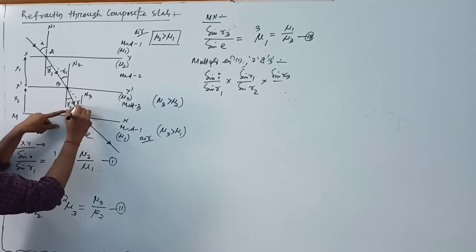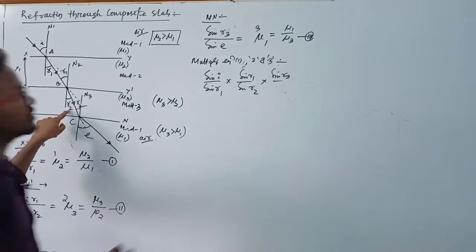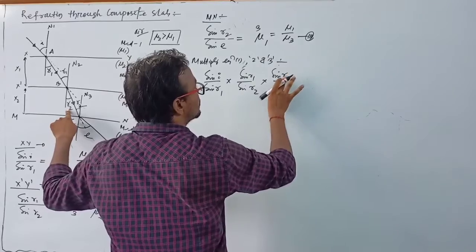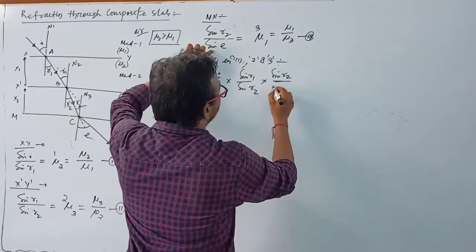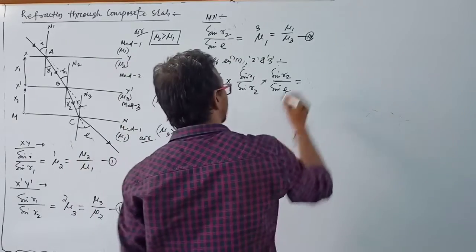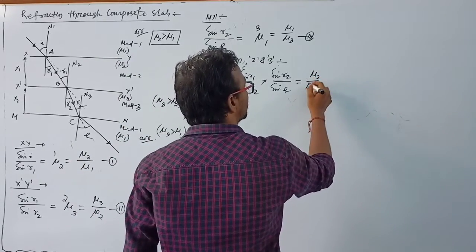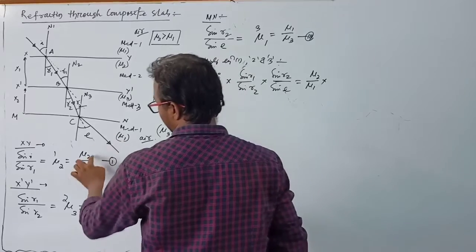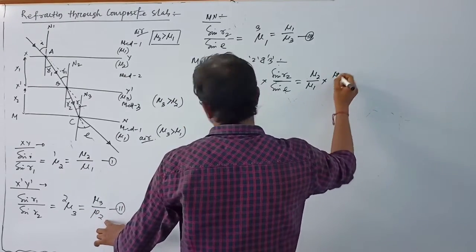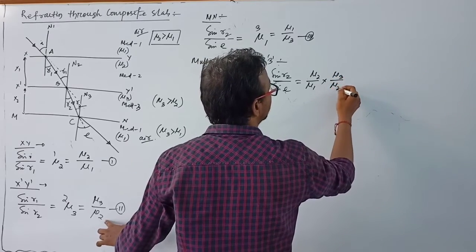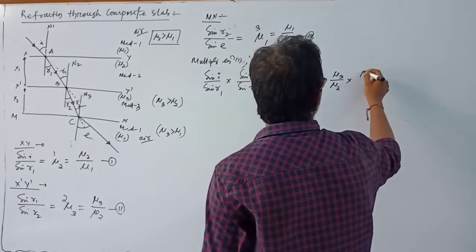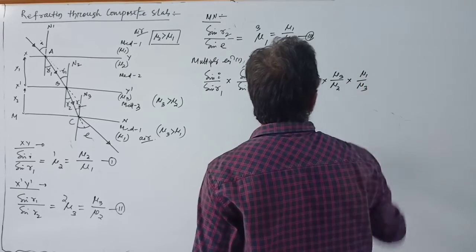This equals mu2 by mu1, into mu3 by mu2, into mu1 by mu3.